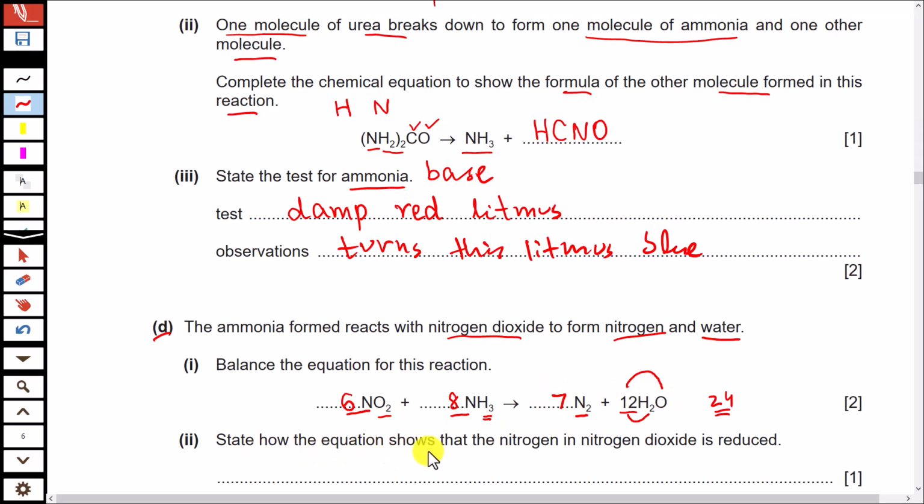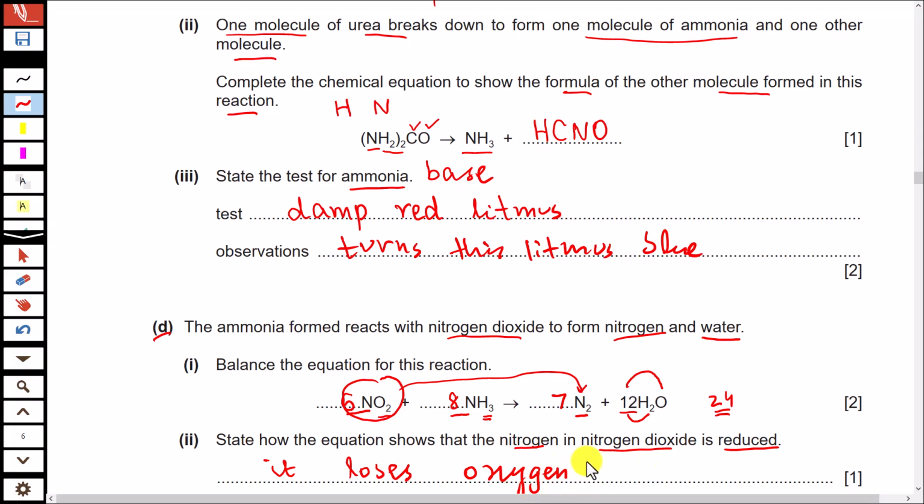State how the equation shows that nitrogen in nitrogen dioxide is reduced. If you look at the nitrogen of nitrogen dioxide, it is being converted into N2. So basically it is losing oxygen, and loss of oxygen is a reduction.